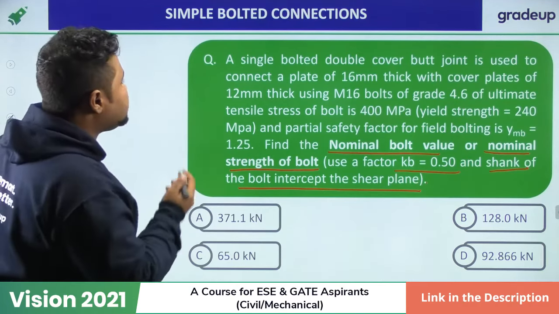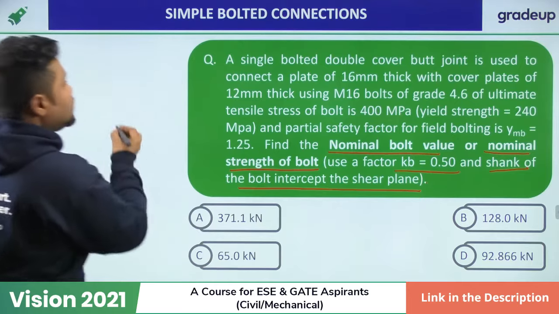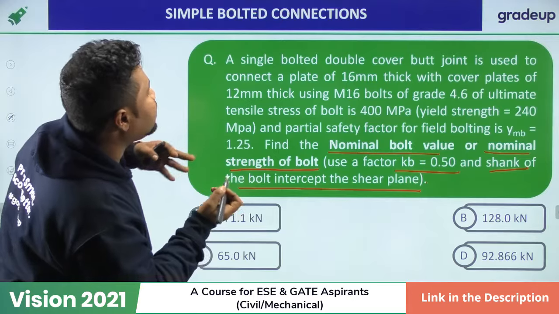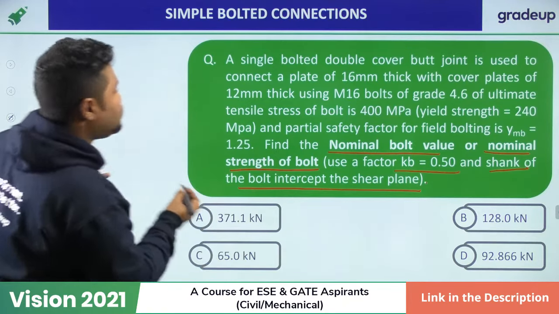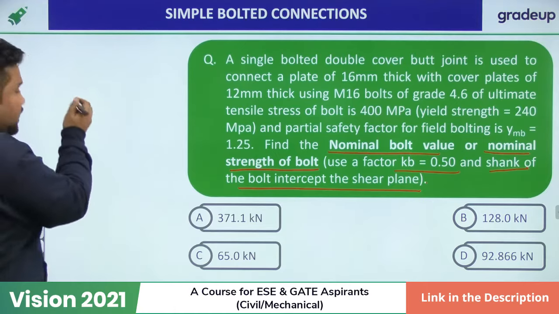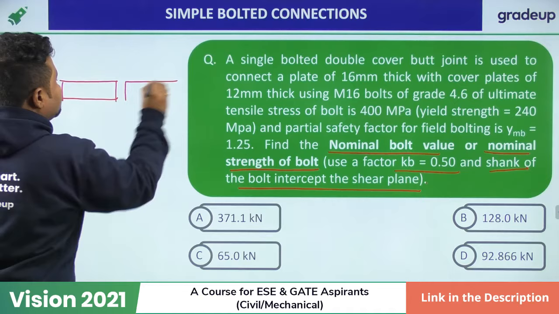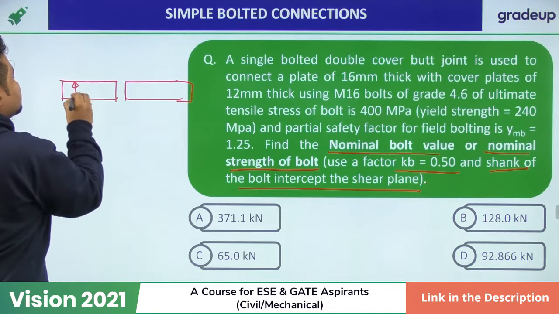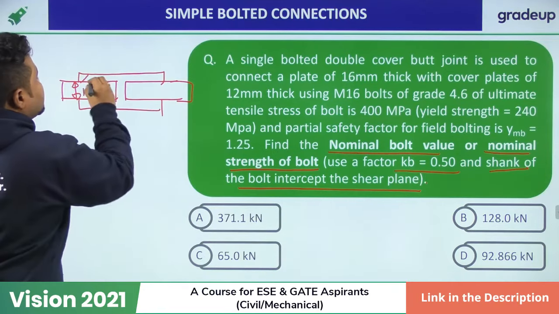Now to solve this: a single bolted double cover butt joint is used to connect a plate of 16 mm thick. So two plates are connected with the help of a double cover butt joint. This is 16 and these are 12 and 12, these are the cover plates.